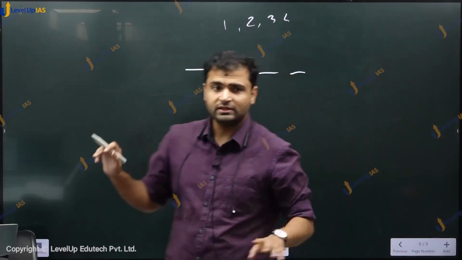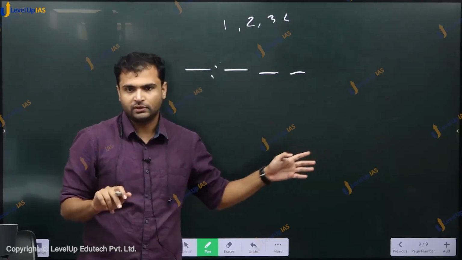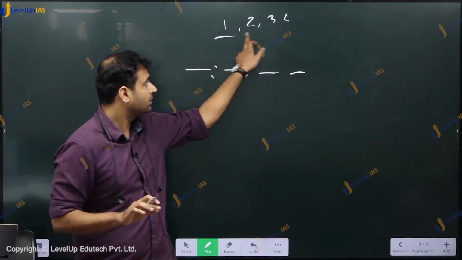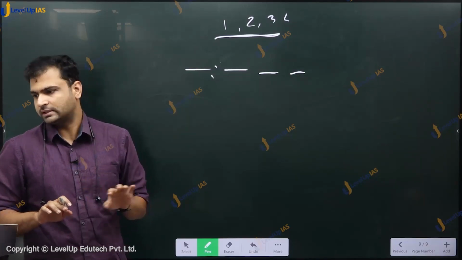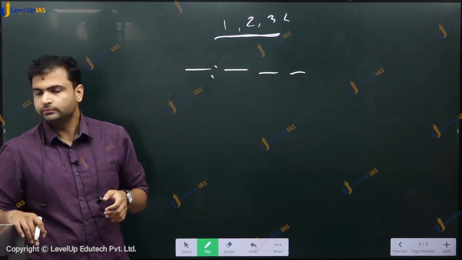What we are given is this number has to be less than 2000. If this number out of these 4 digits is less than 2000, yes, A is the answer.